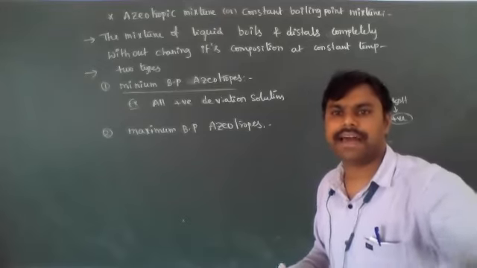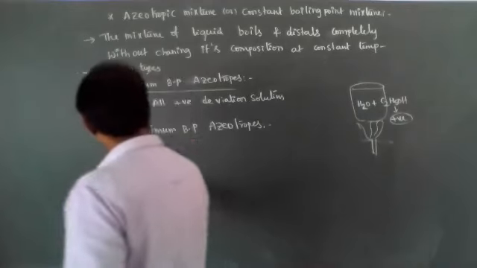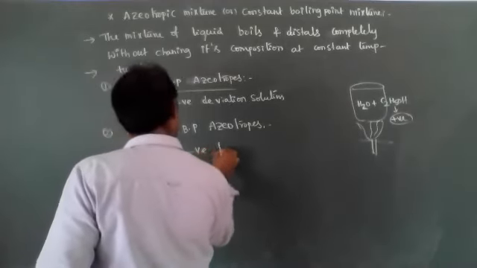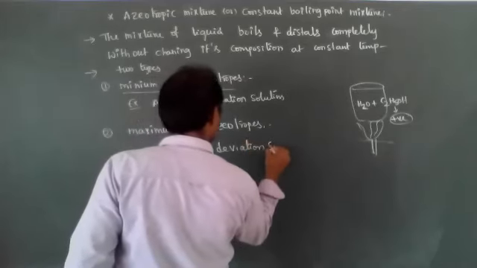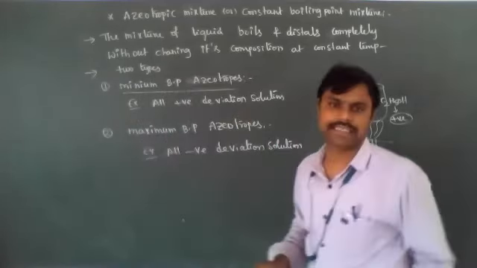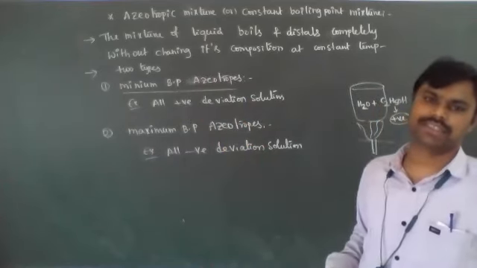If the vapor pressure and volume decrease, it is a negative deviation solution. Examples: all negative deviation solutions show maximum boiling point azeotropic mixtures.